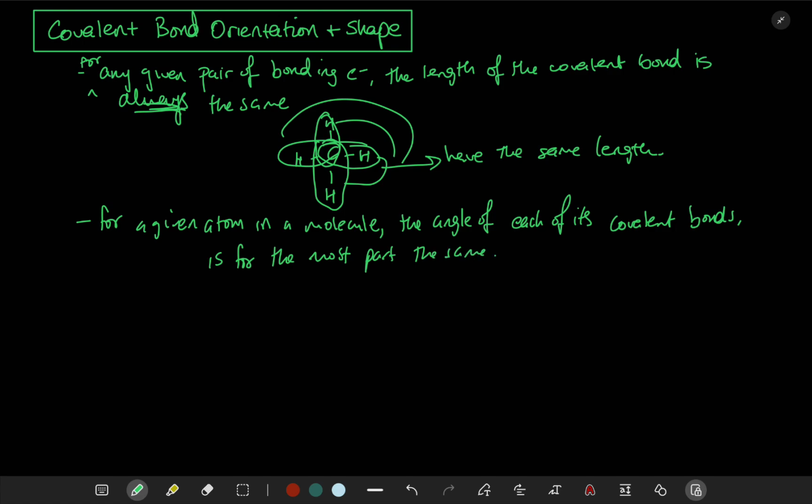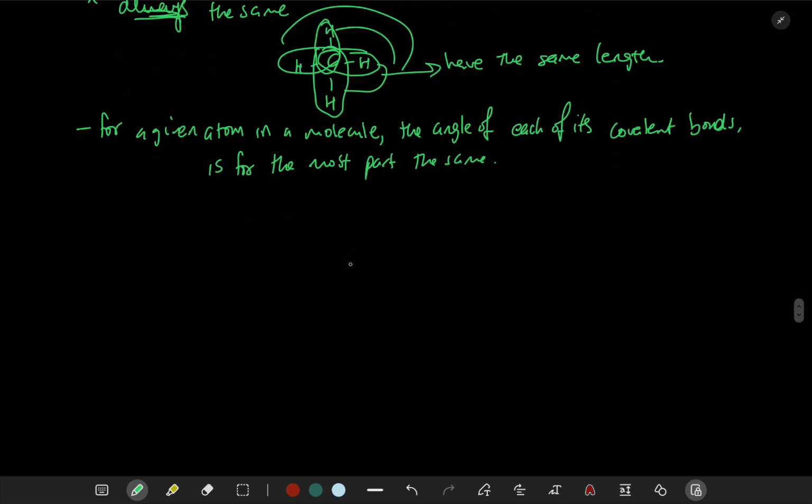Okay, so what do we mean by that? Well, let's look at methane again. Let's draw that again. So we have carbon here, hydrogen here, hydrogen there, hydrogen there and hydrogen there. So what that means is the hydrogen-carbon-hydrogen bond, so this bond angle, will always be the same with respect to the other atoms in the molecule.